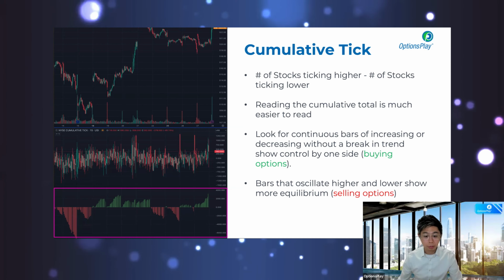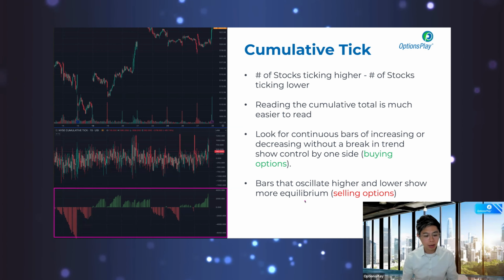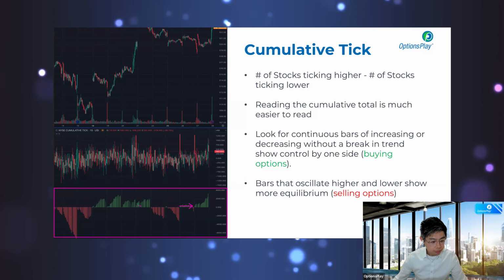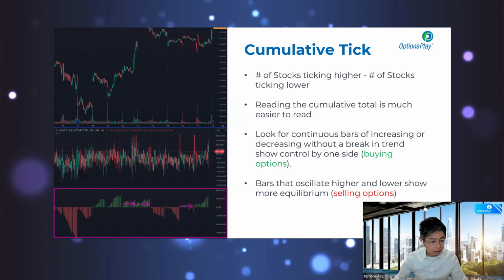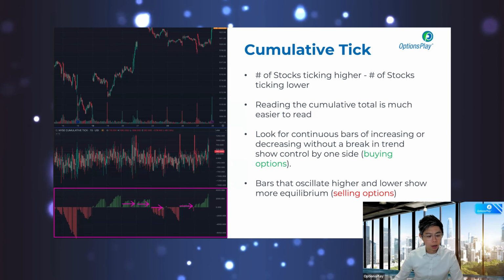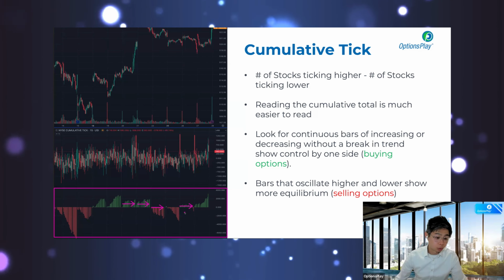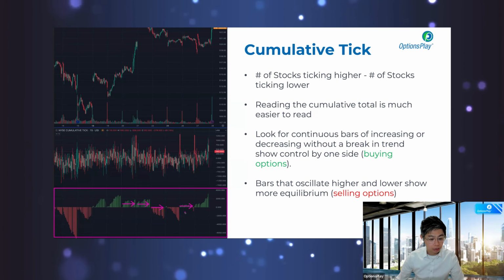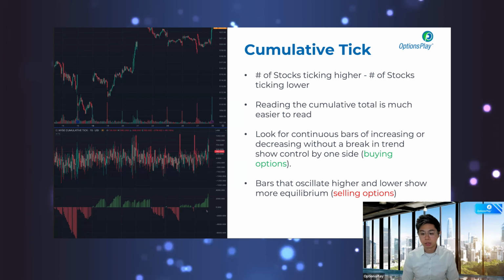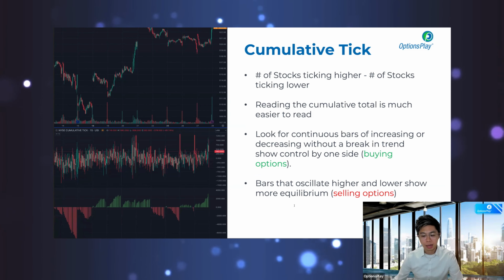Those are your opportunities to be buying options. And then when you see them oscillate around a specific value, like some of these days that I'm showing you here, those are more days where you want to be an option seller. And the red or green bar just gives you a sense for whether buyers or sellers have a bit more control on that given day.